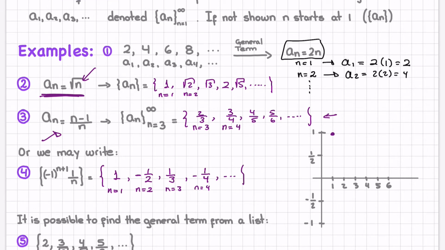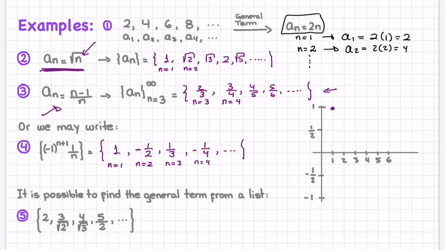Sometimes graphing sequences is useful to understand what the function is doing. For n equals 2, you would go to negative 1/2. n equals 3 would be 1/3. n equals 4 is negative 1/4. And then positive 1/5, and then negative 1/6.